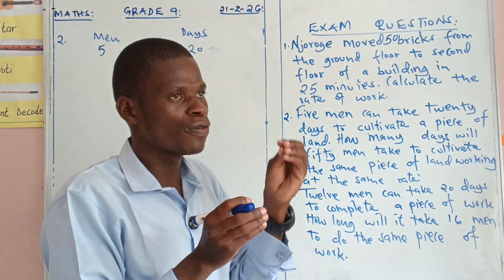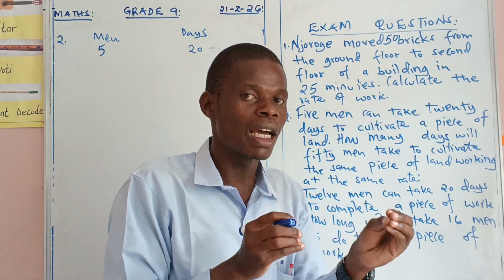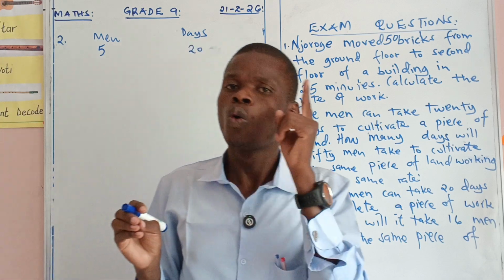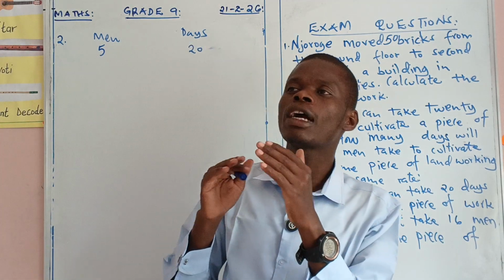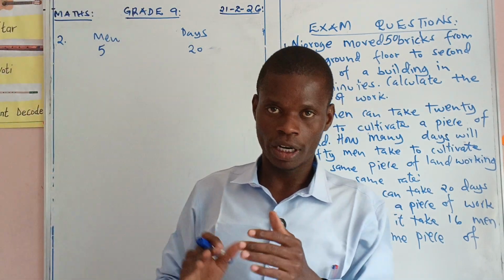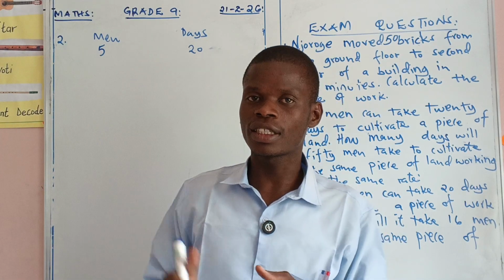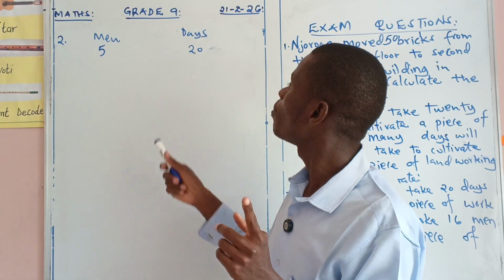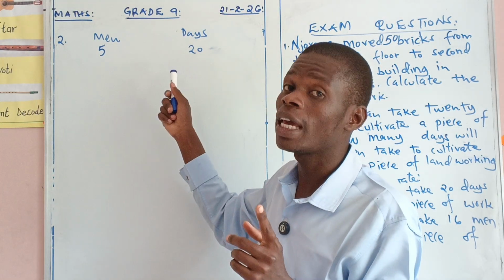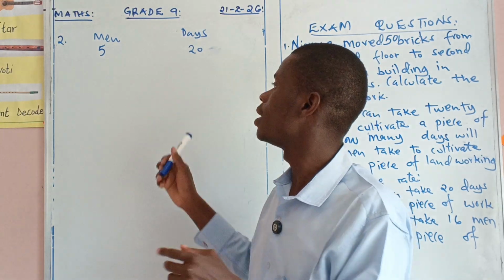So ask yourself, if 5 men are taking 20 days, will one man take more days or less days? If 5 men take 20, one man will take more than 20 days.